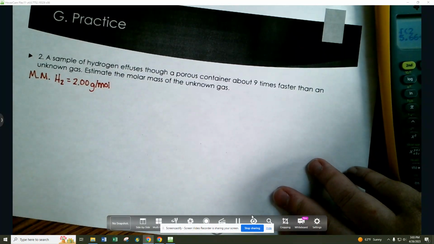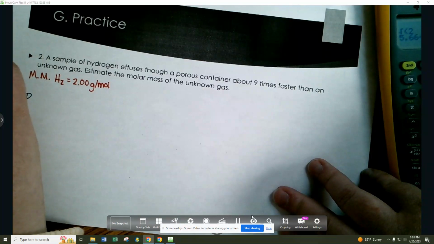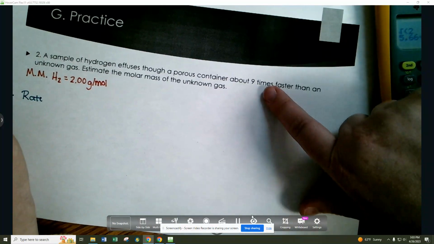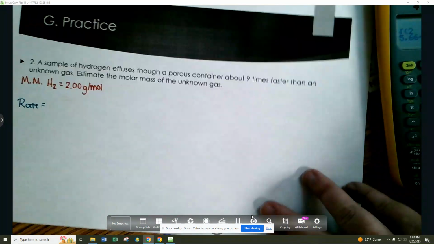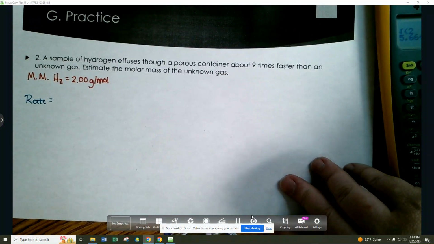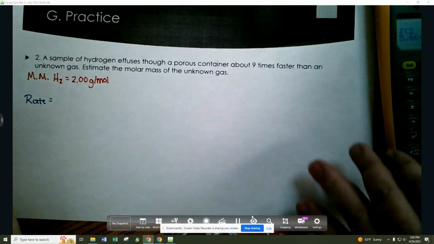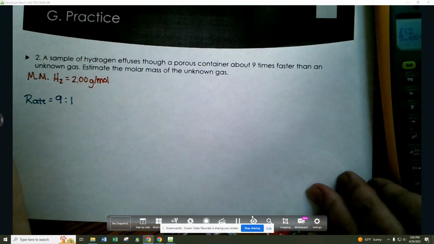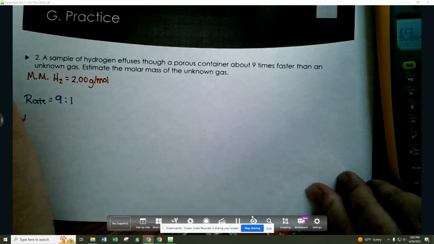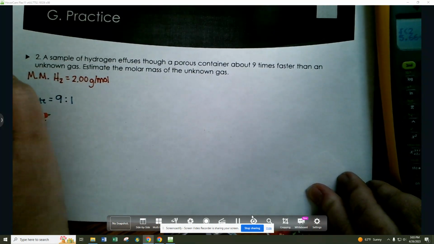It also tells us the rate. It tells us that hydrogen moves 9 times faster. If hydrogen's moving 9 times faster, hydrogen is much lighter than the unknown material. So the ratio here is 9 to 1. What we're trying to find is the molar mass of some gas. We don't know what it is.